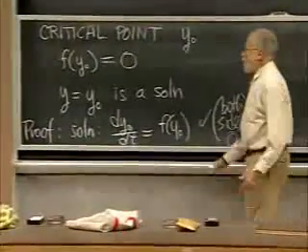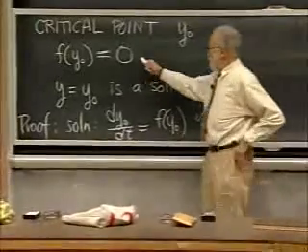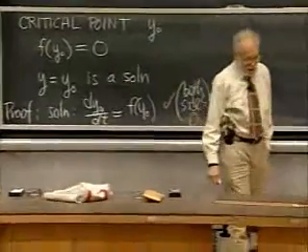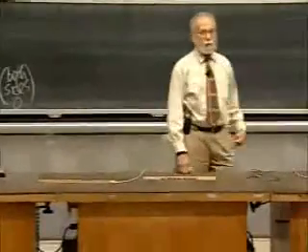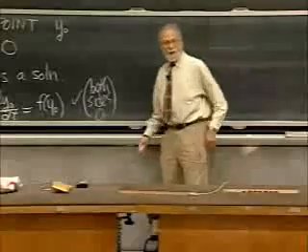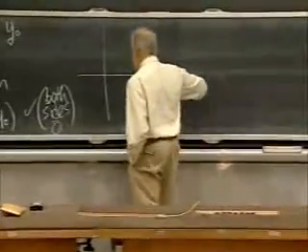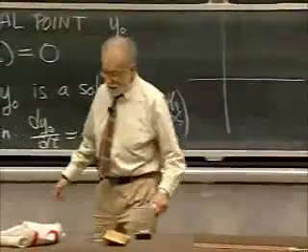Well, that's nice. So in other words, by finding these critical points, solving that equation, we found all the horizontal solutions. But what's so good about those? Surely they must be the least interesting solutions there are. Well, think of how the picture goes. Let's draw in one of those horizontal solutions.